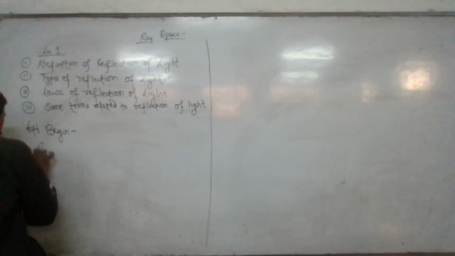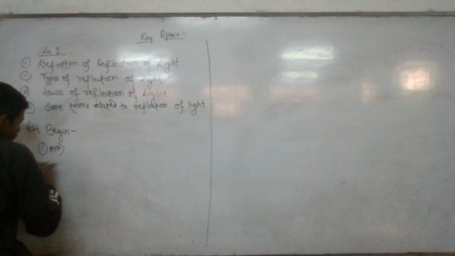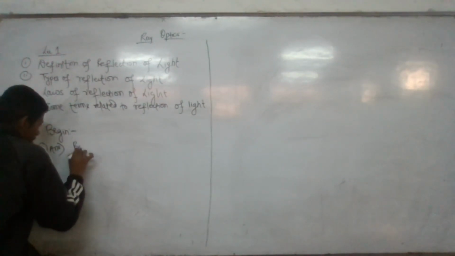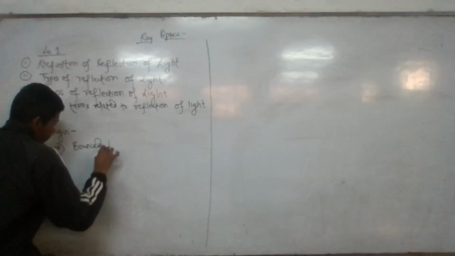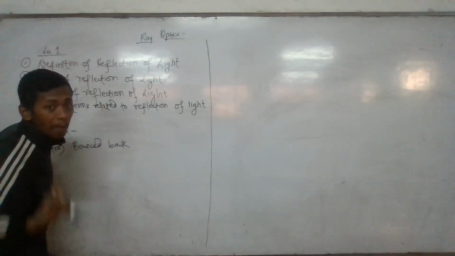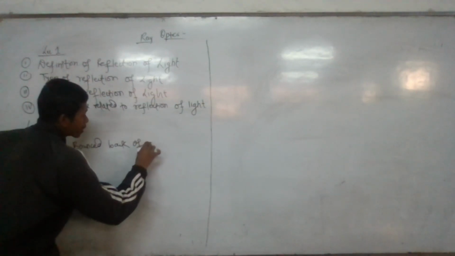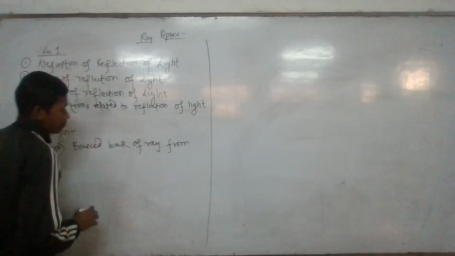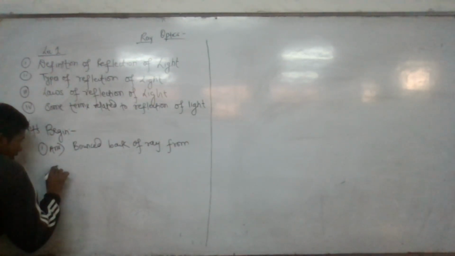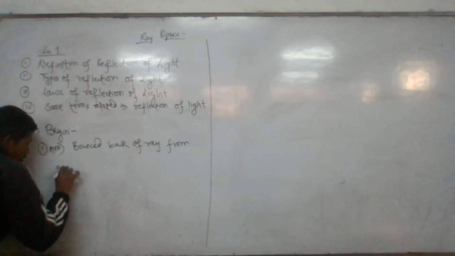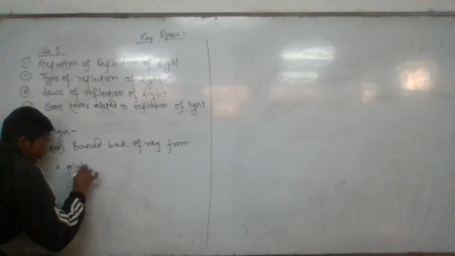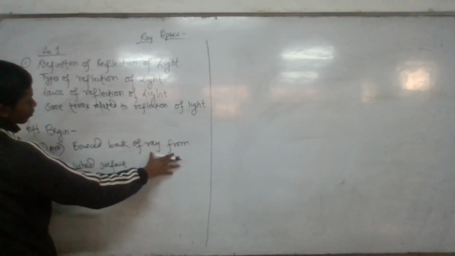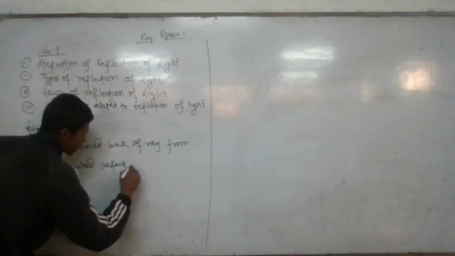For the definition of reflection of light: reflection of light means the bounce back of a ray from a polished surface.